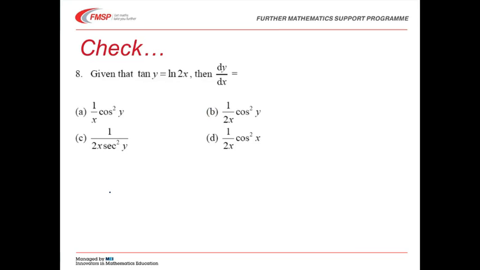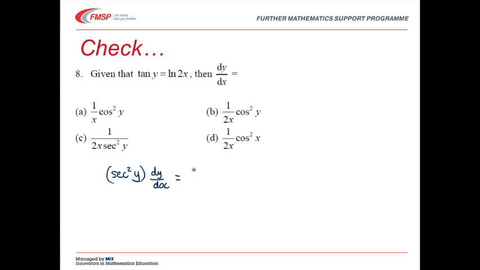One more for you to try, so pause the video again while you try this one. And don't forget, the derivative of tan is in the formula book. Okay, so differentiating tan y with respect to x. So the derivative of tan is sec squared, so that's sec squared y multiplied by dy by dx. And then differentiate log 2x using the chain rule.